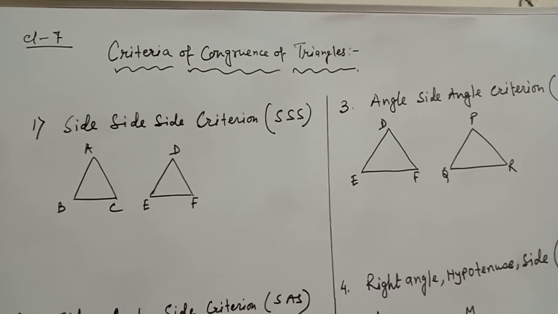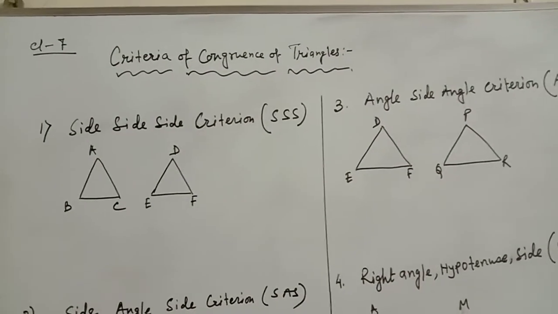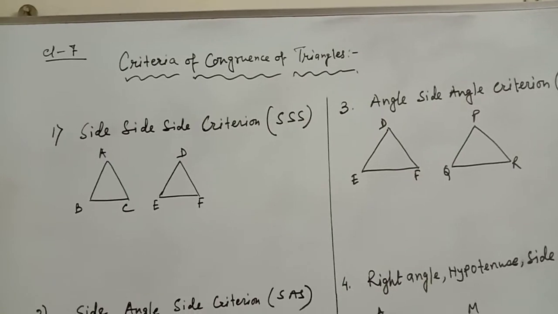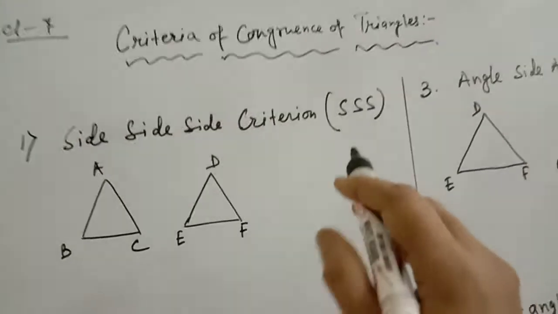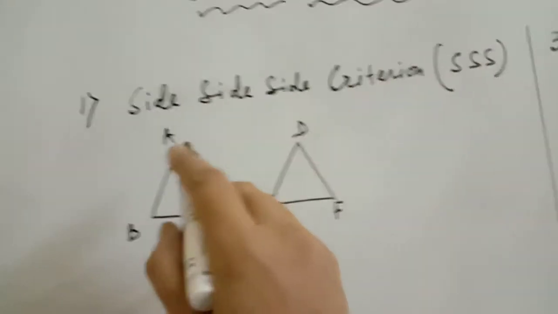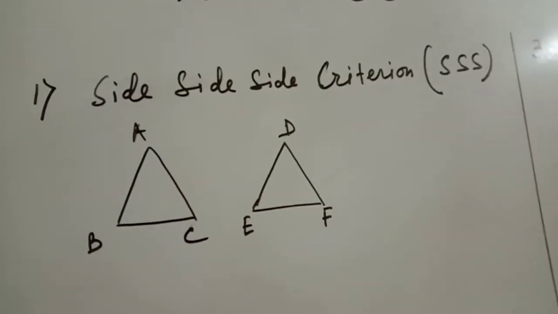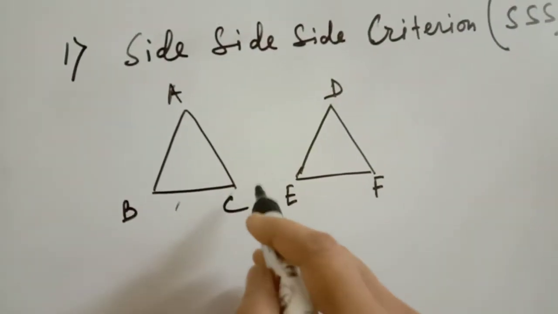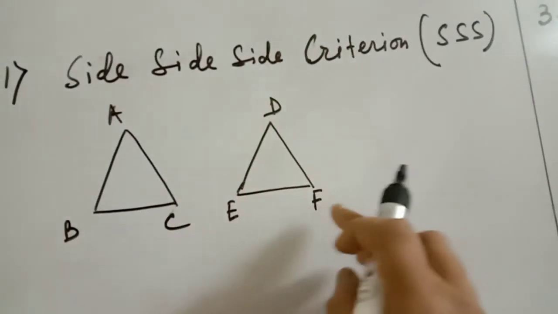Now, the first condition is the side criterion. In short, we can say SSS criteria. Now, what is the side criteria? Say two triangles are given, ABC and DEF.